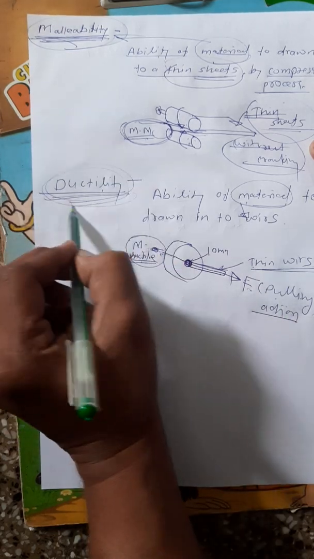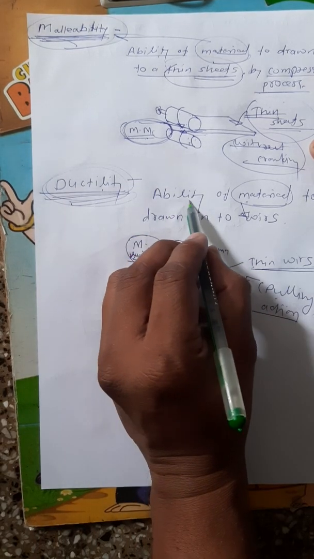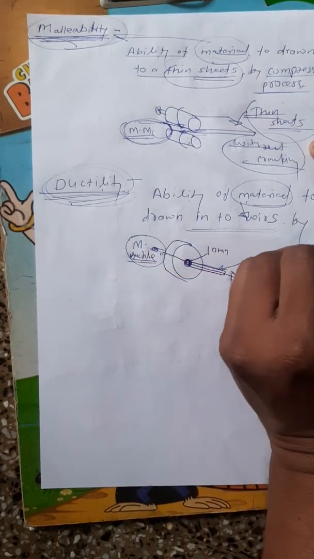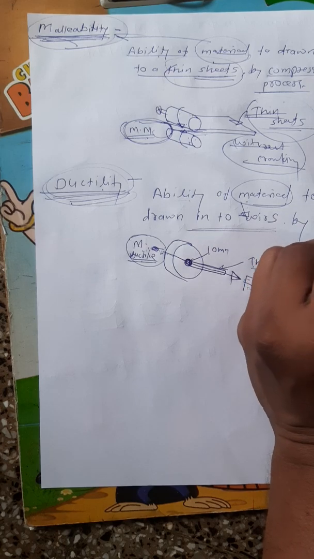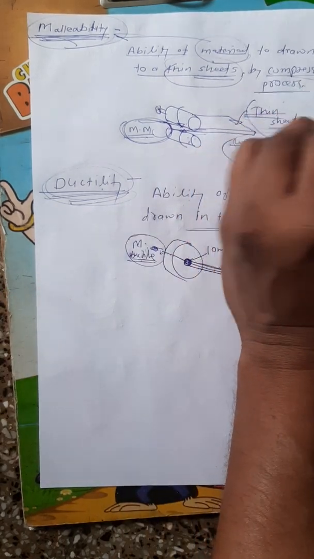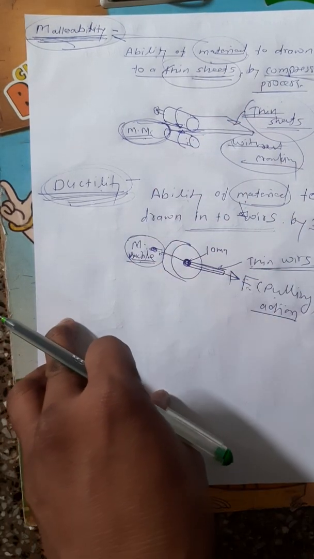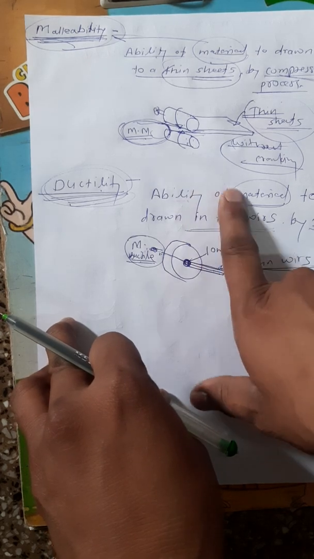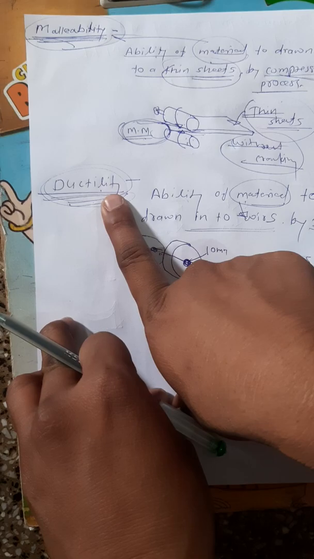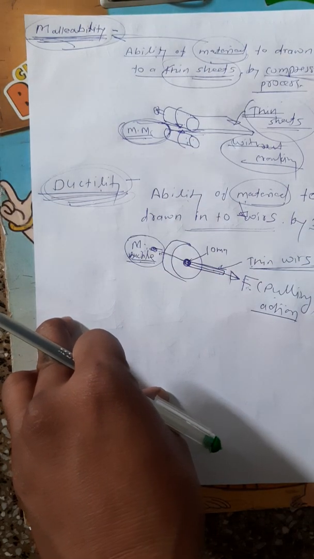That phenomenon is called ductility. The ability of a material which can be drawn into thin wires by tension. Here in malleability it is by compression, and in ductility it is by tension. Under tension action, the material is drawn into thin wires, that is called ductility, and those materials have the ductility property.